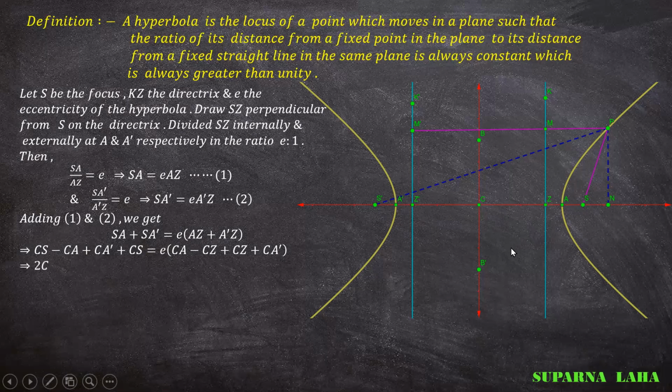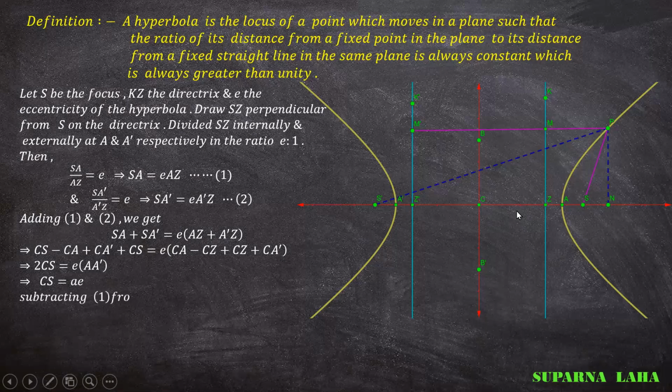Okay, so CA and CA dash cancel, so 2CS equals AA dash, which equals 2A into E. So CS is A into E. So from the center to the focus, this distance is AE.